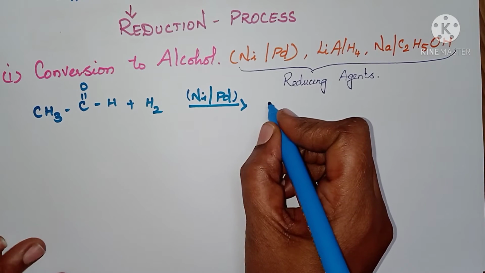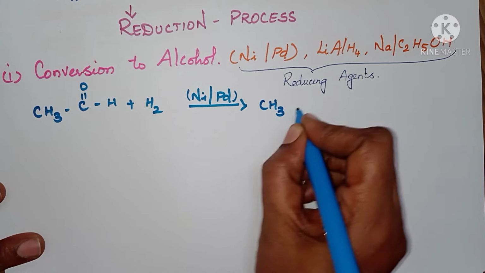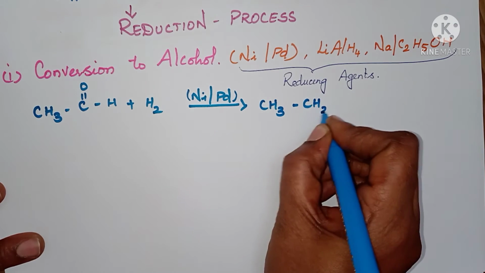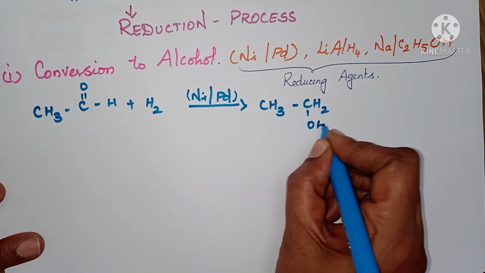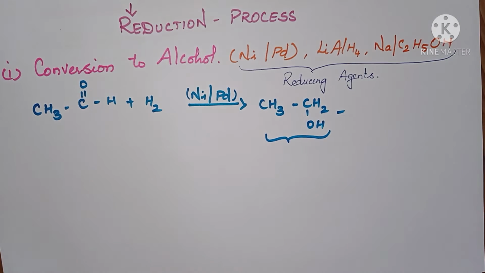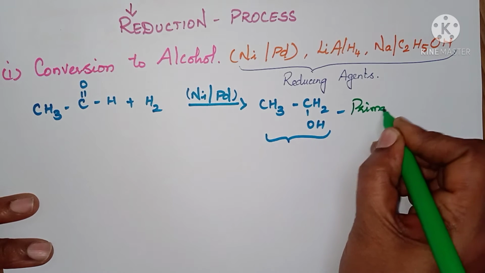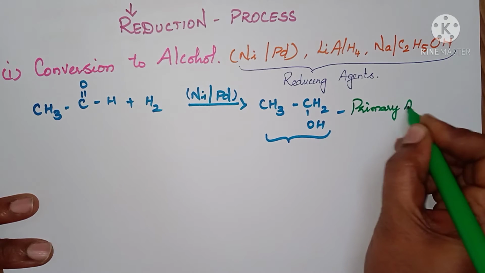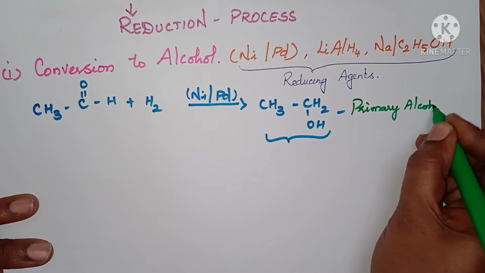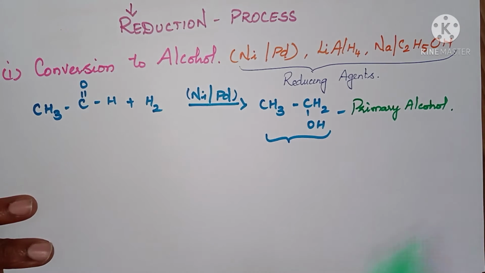So the product we receive is CH3CH2OH. This is called a primary alcohol. Already I have mentioned CH2OH is called a primary alcohol.